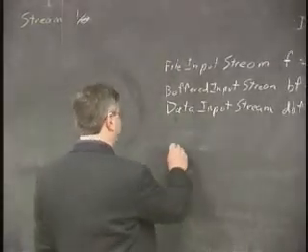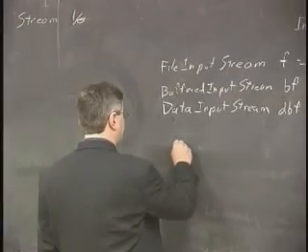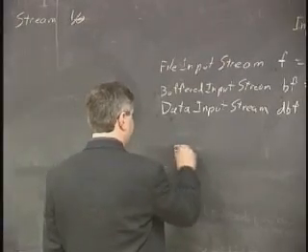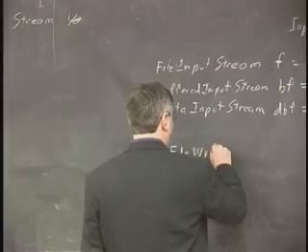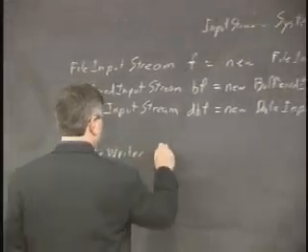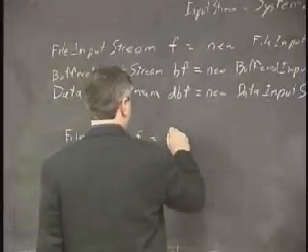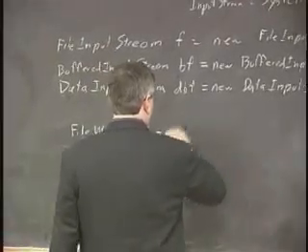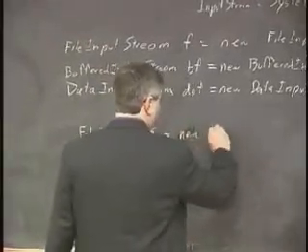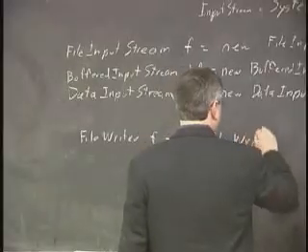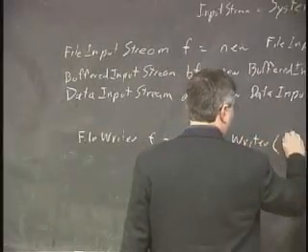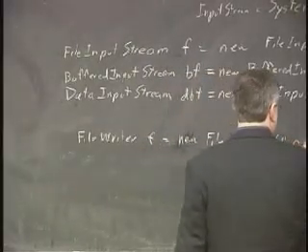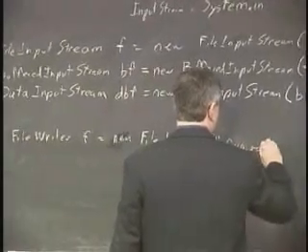So first we need a writer, and we need a file writer. Writer f equals new FileWriter of foo.out.